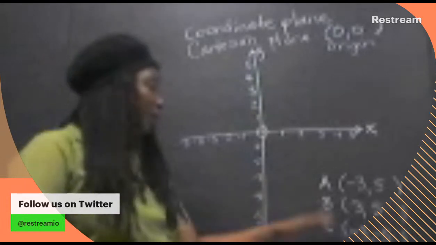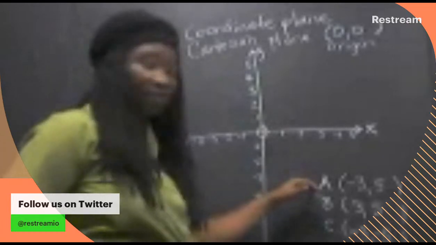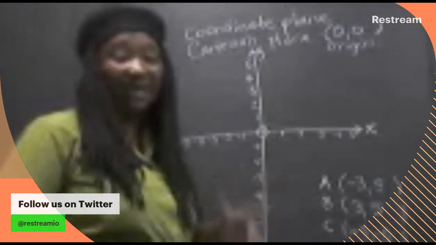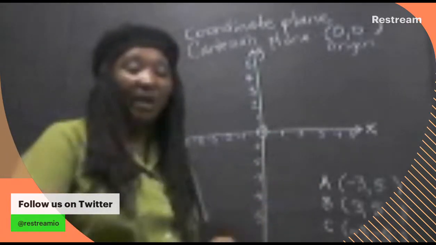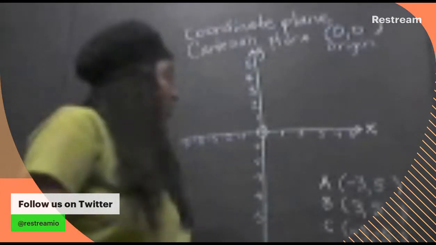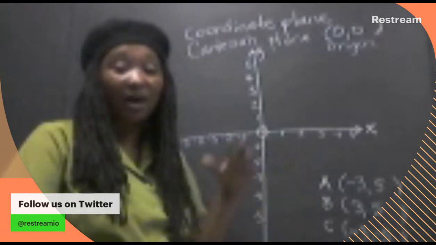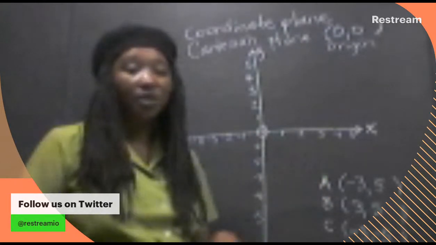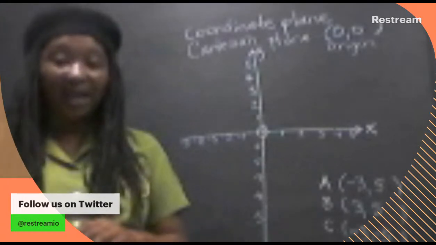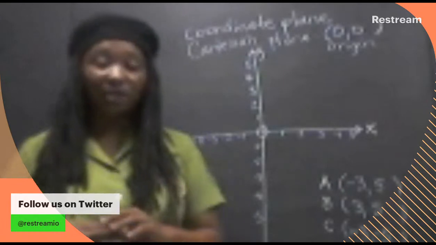So now we're going to plot these points. And we're going to put letters just for today's sake. Normally, when you're plotting your linear graph or your quadratic graph, you're not going to put letters there. You're just going to put the points, and then you're going to connect the points to create either your line or your parabola, which is the curve for the quadratic.